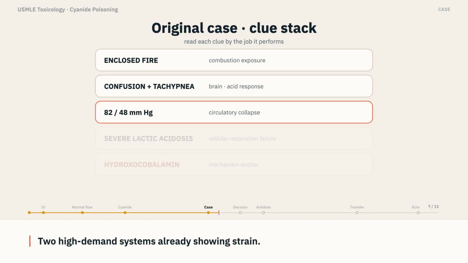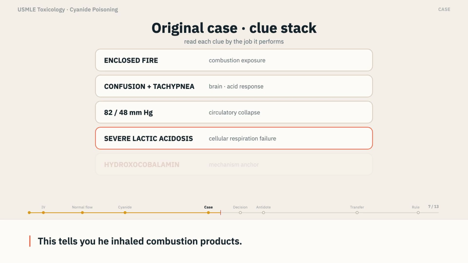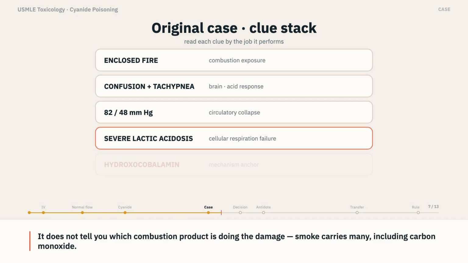Two high-demand systems already showing strain. Next, soot is visible around his mouth. This tells you he inhaled combustion products. It confirms the exposure route. It does not tell you which combustion product is doing the damage. Smoke carries many, including carbon monoxide.